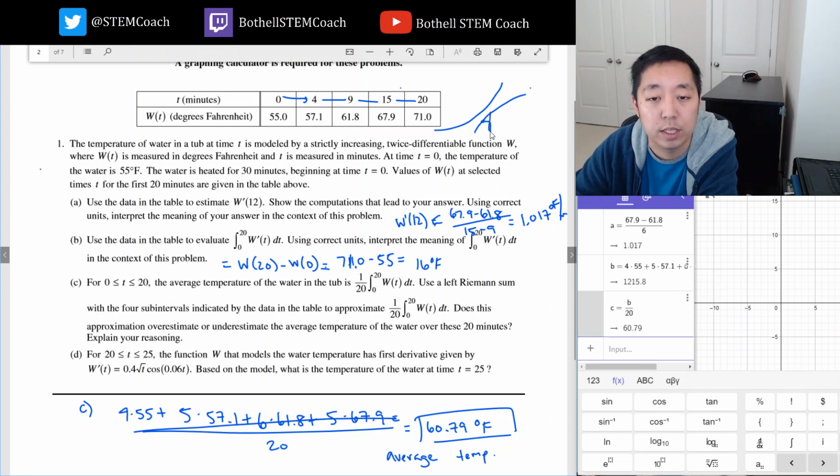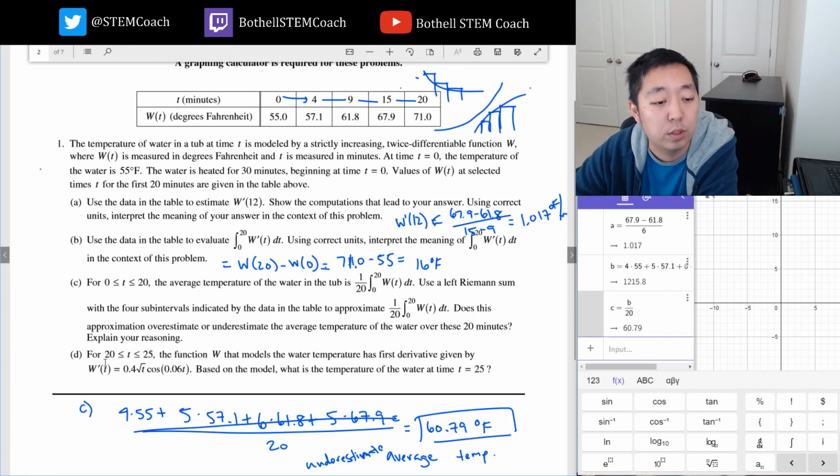When I use the left subinterval, I'm always grabbing the smaller value, so this is an underestimate, for the specific reason that the temperature is increasing. When the function is decreasing, the left subinterval is an overestimate, since the area under the rectangles would be bigger.